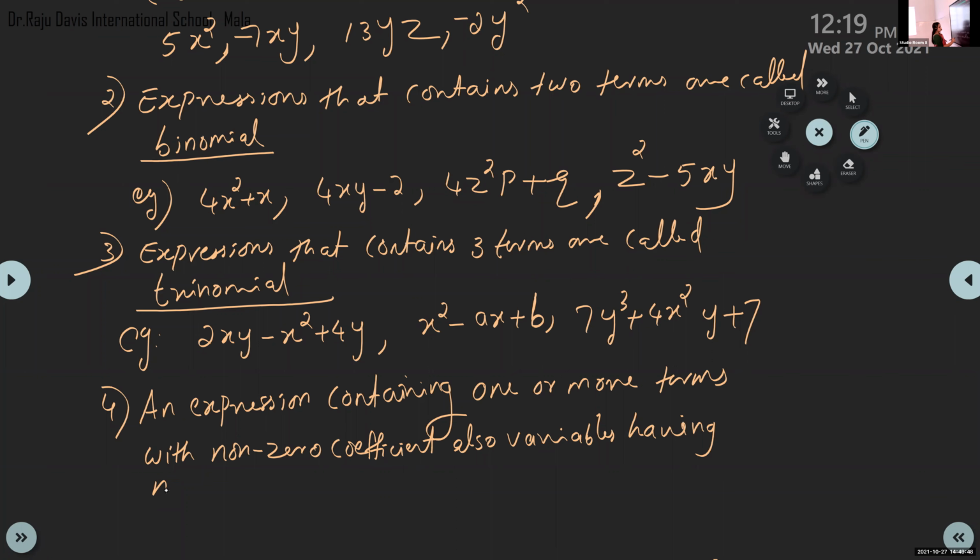Variables having non-negative exponents are called polynomials.